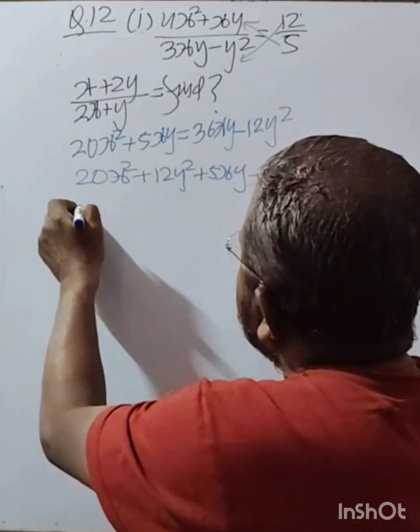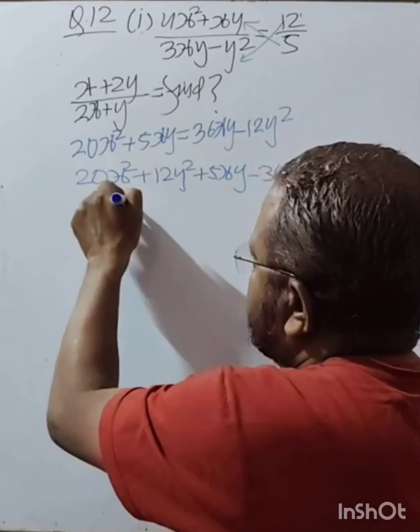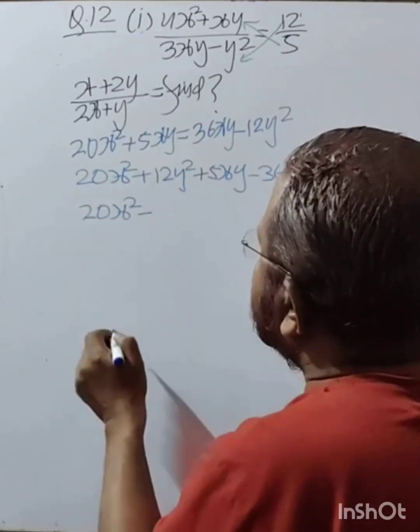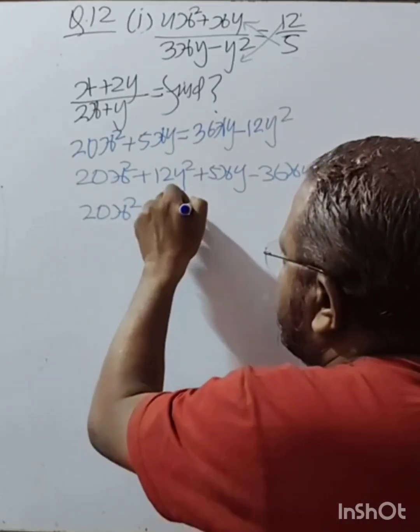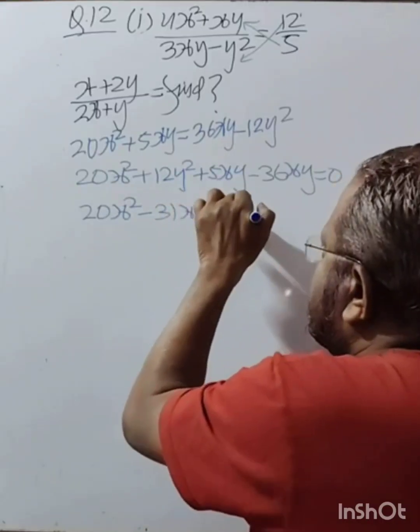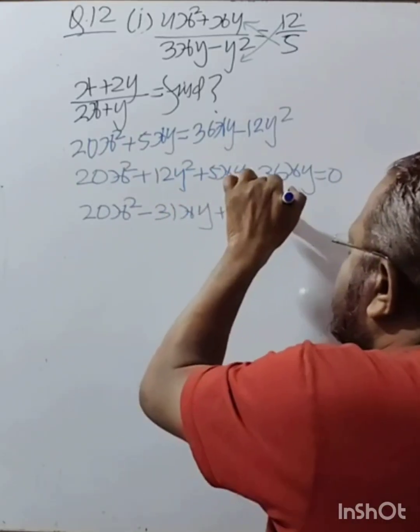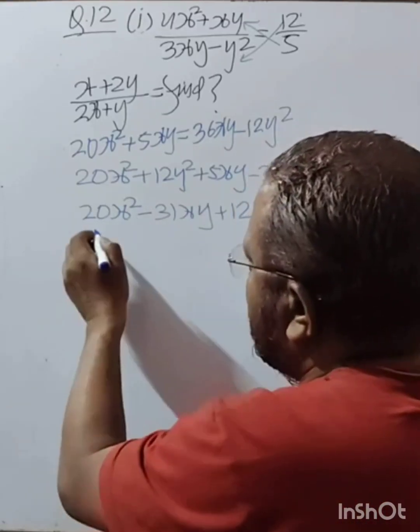So you can write here 20x square minus 31xy plus 12y square is equal to 0. So how much it is?